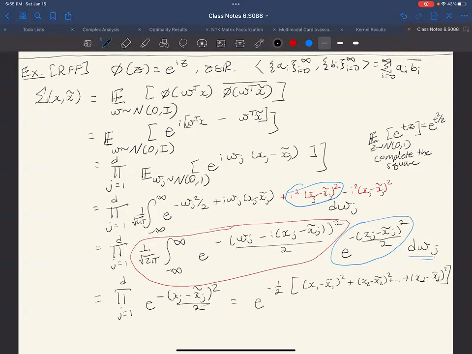Now, I hope this looks a bit familiar to all of you, although it might not at first. But this is actually just the L2 norm of a vector squared. And that vector is exactly x minus x tilde.